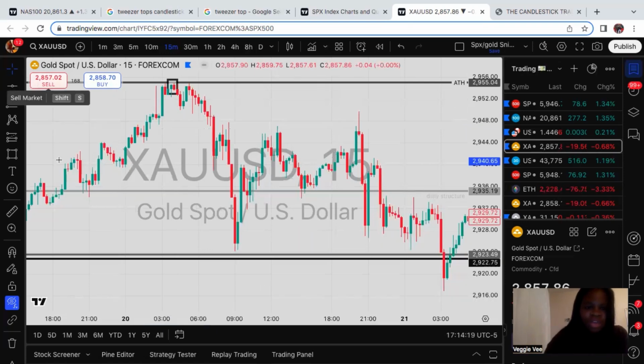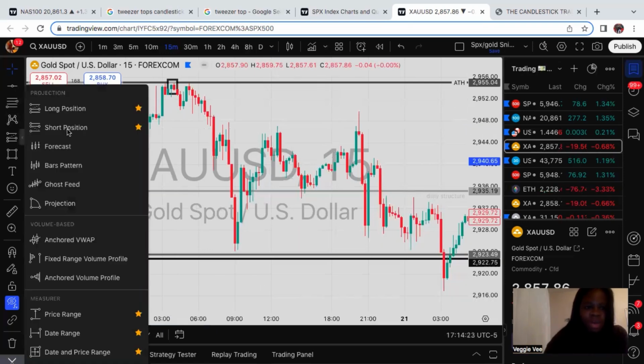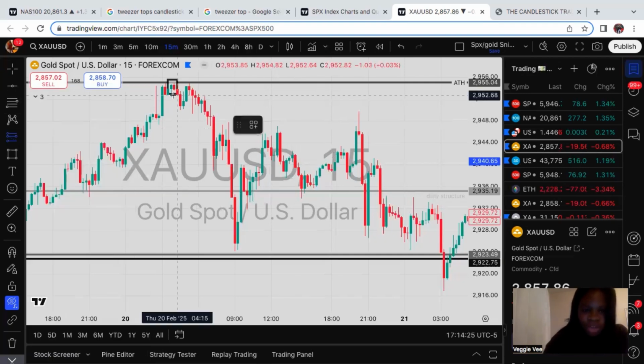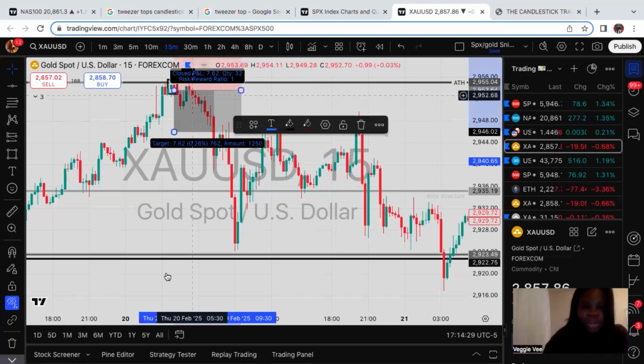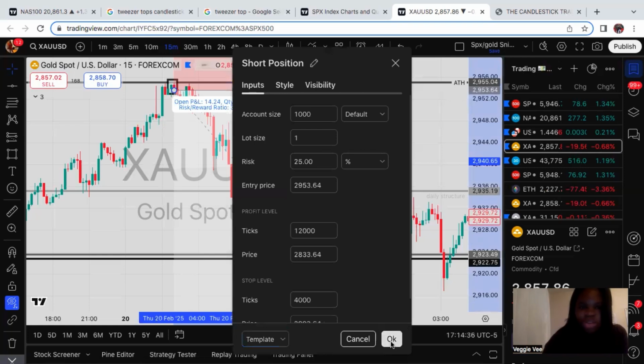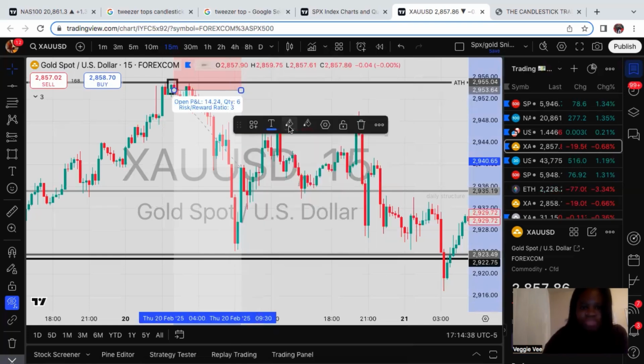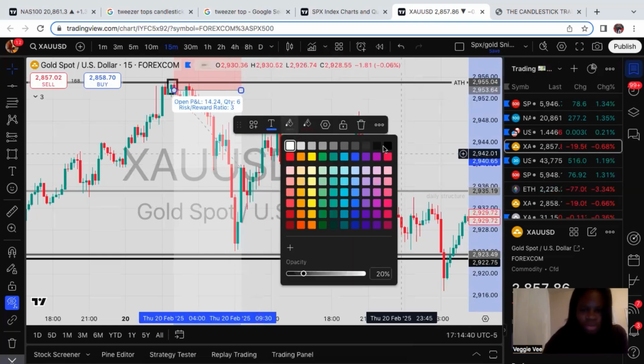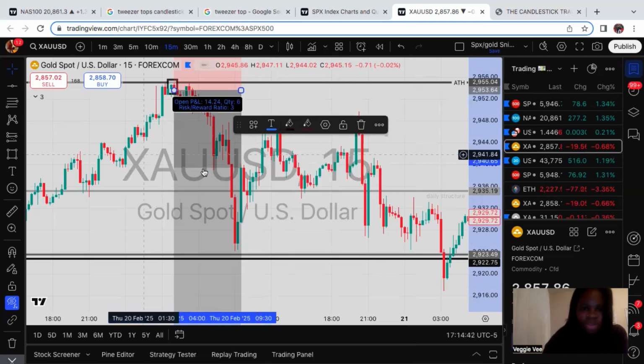And then say you wanted to take this particular position, right? You could have taken a short right after it closed. So right about here. And then your stop loss would have been 50 points to gain 150 points. Or 400 points if you wanted to gain 1,200 points, right?